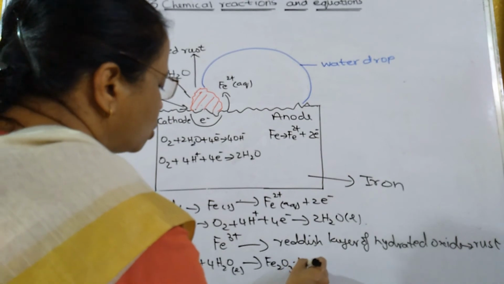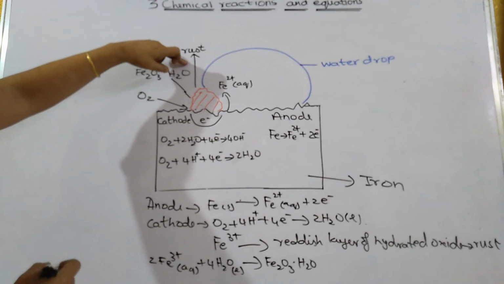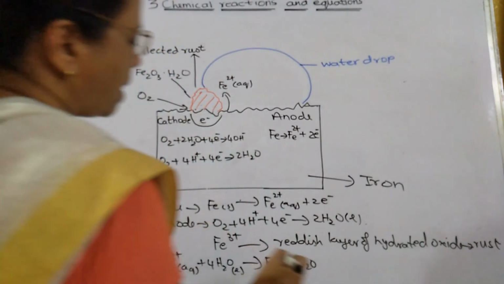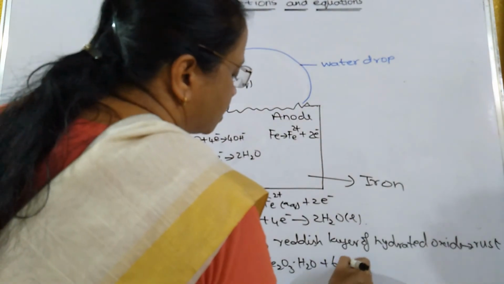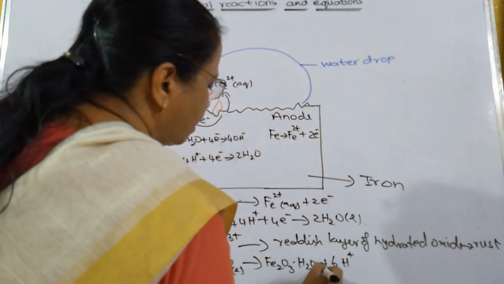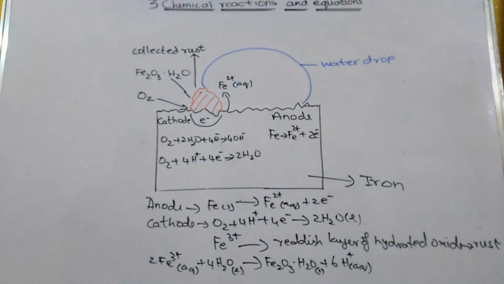Fe2O3 dot H2O. You can see over here Fe2O3 dot H2O, which is known as the rust, plus 6H+, which is also aqueous. So this is solid and this is aqueous. So this is how rust is formed.